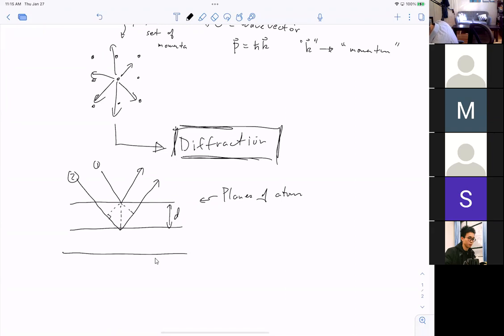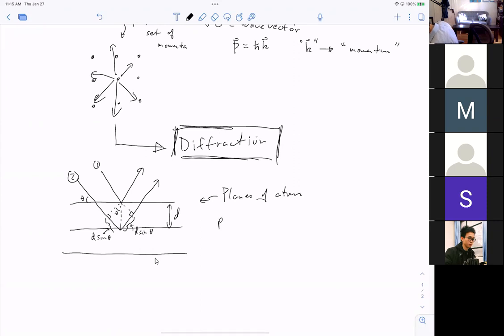I get a right angle there, a right angle there, and I can look at the path difference. If this angle is theta, then this is d sine theta, and this is d sine theta.